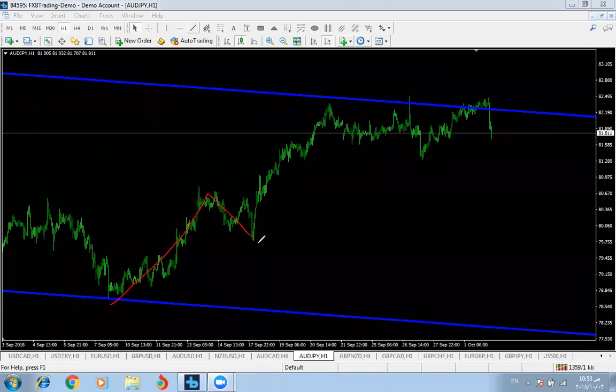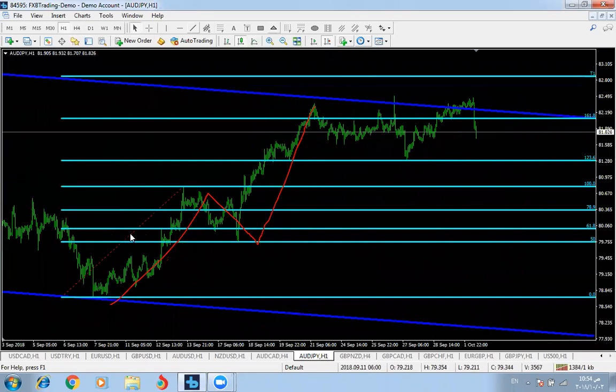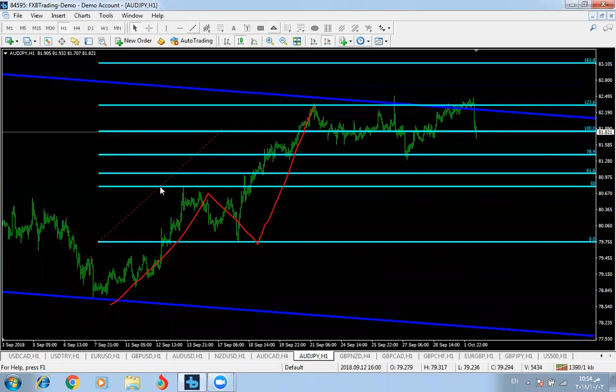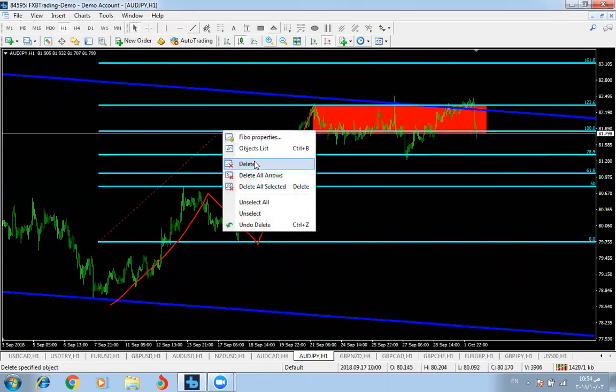This is A, this is B, and this is C. We look for equality between these two legs, and draw the red box, from which we anticipate the price to reverse. Our red box is right there. So this is our anticipated area of reversal.